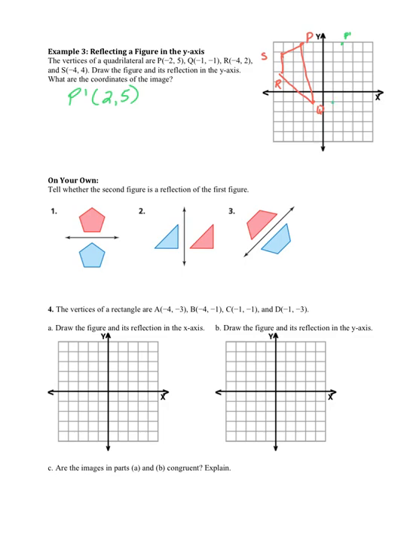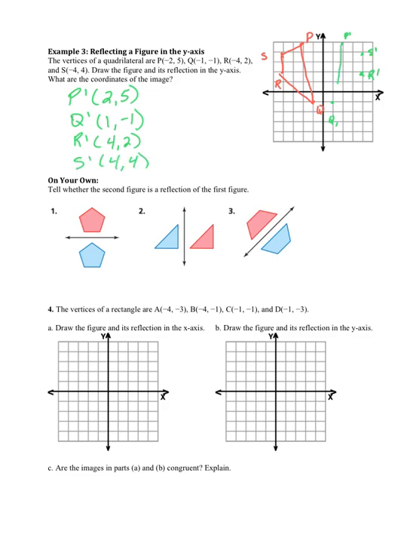So instead of Q was at negative 1, negative 1, Q prime is at 1, negative 1. R prime will be at 4, 2 instead of negative 4, 2. So R prime is at 4, 2. And S prime is at 4, 4.